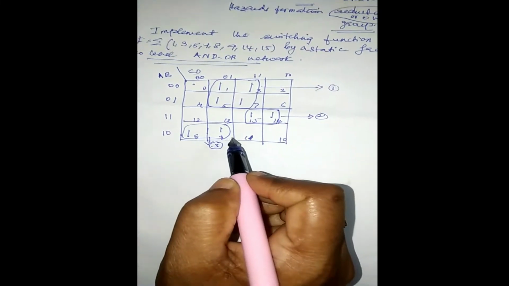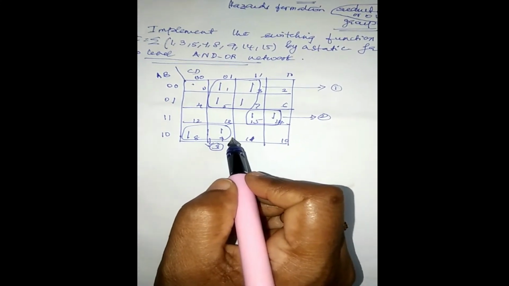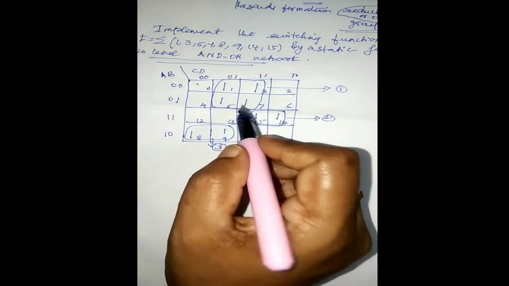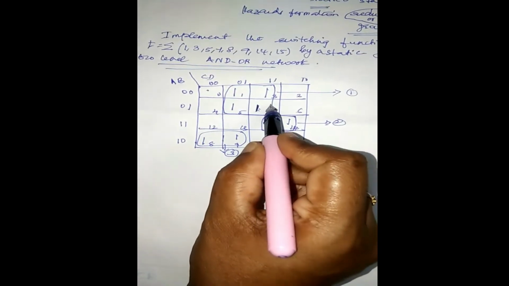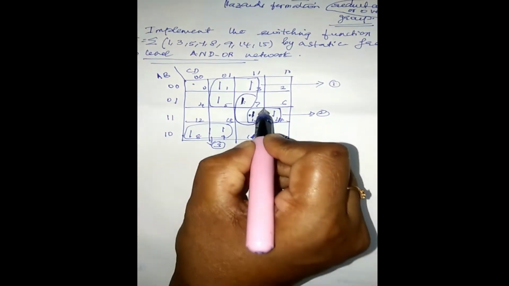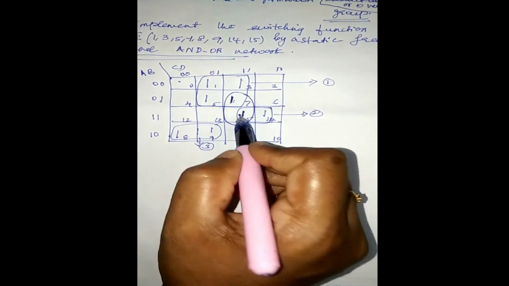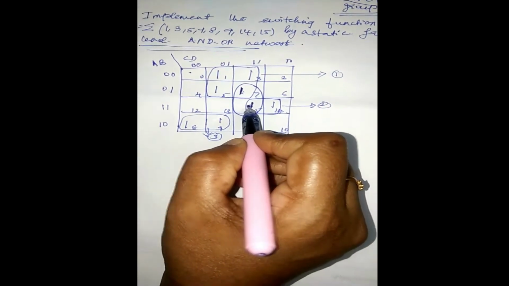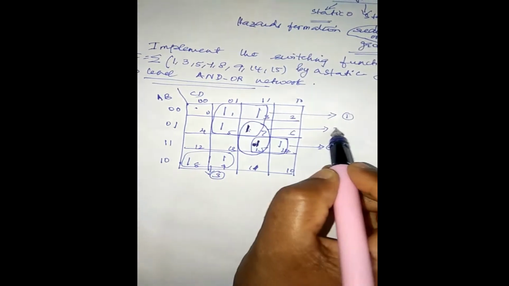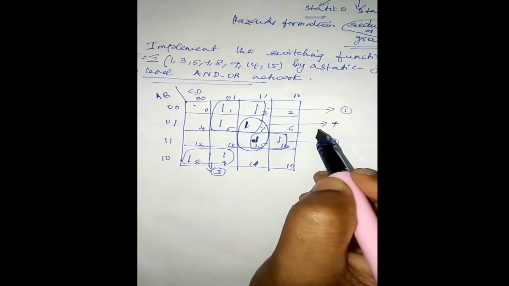Then, to eliminate the hazard, we have to check for the adjacent ones. For example, we have a 1 here and a 1 here. These two adjacent ones can be formed into an overlapped group. This forms the redundant term which helps me eliminate the hazard. I can name it group 4, correct?